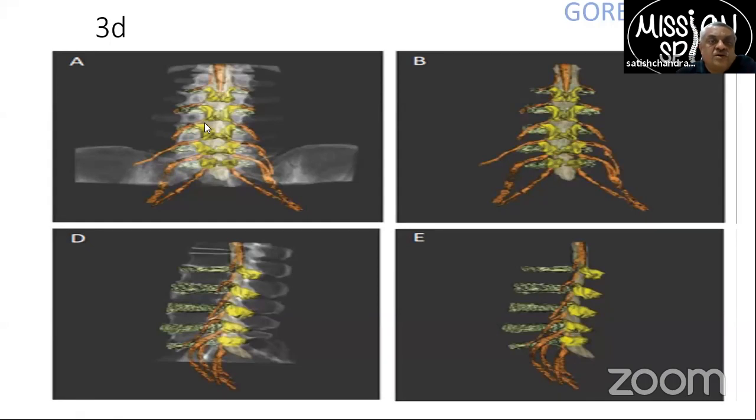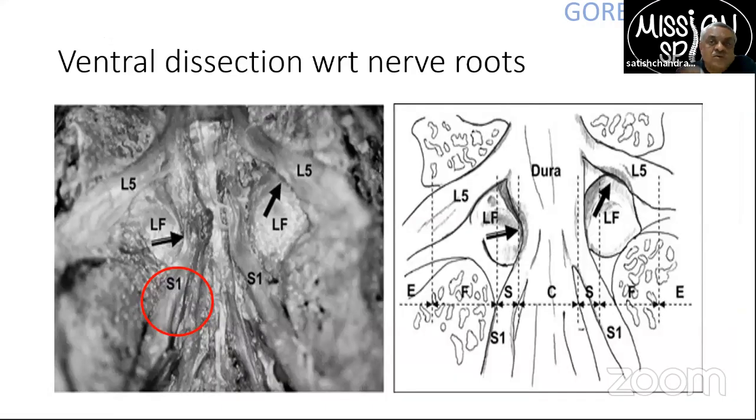But the amount of ligamentum flavum in the upper part and the amount of ligamentum flavum in the lower part are different. Now, what I'm showing you is something very important, and I can tell you that this is a paper which is only one of the 3 papers out of about 500 papers which I have searched, which talk only about ventral dissection.